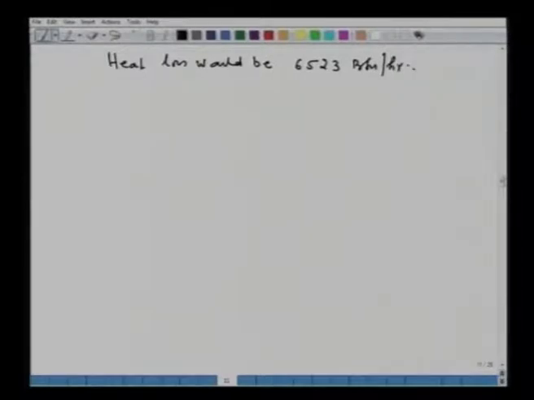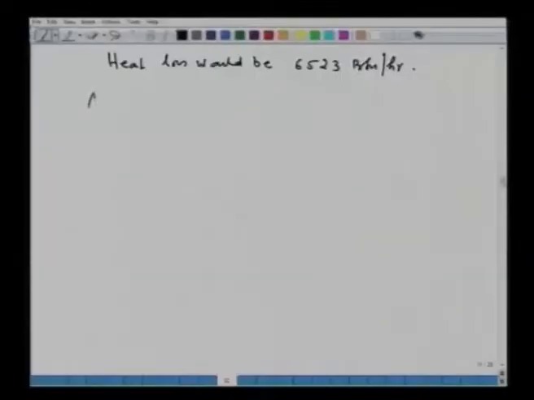In fact, you should lose 7925 BTU per hour. So, what is the conclusion? The conclusion is that a layer of 1/6 feet is not sufficient.